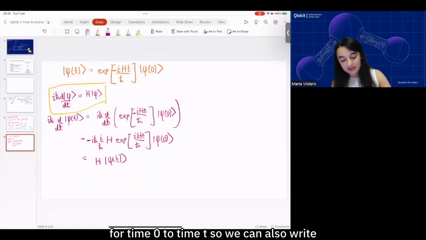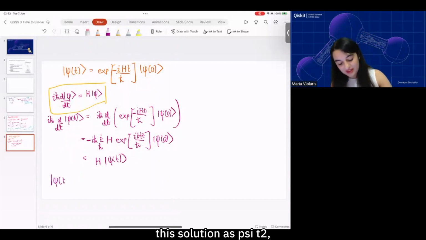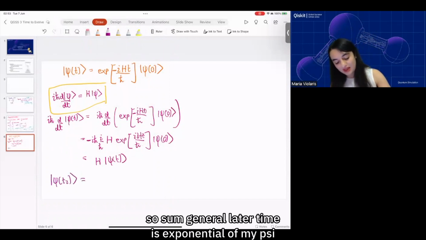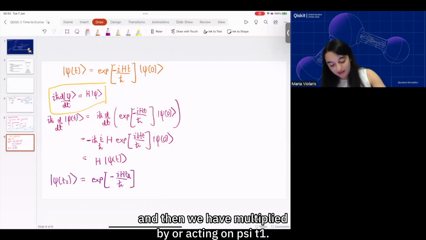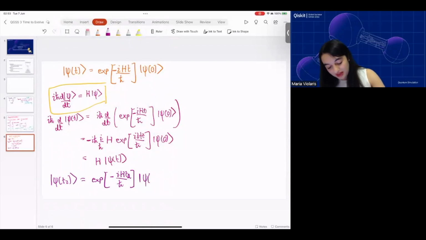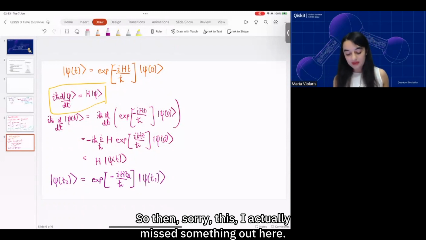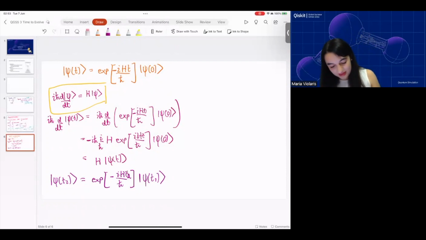So we can also write this solution as psi of t2, some general later time, is the exponential of minus iHt over h bar, acting on psi of t1. Sorry, I actually missed something out here.